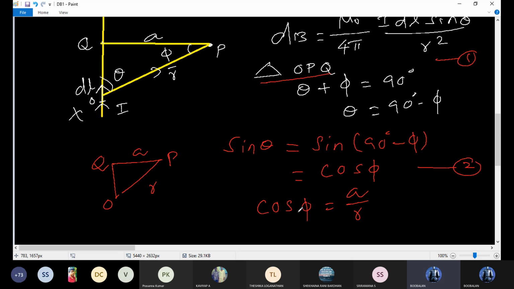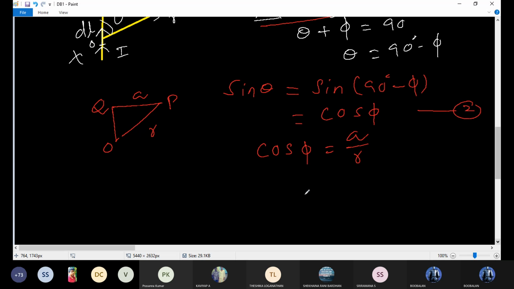So cos phi equals A by R. Now R equals A divided by cos phi.